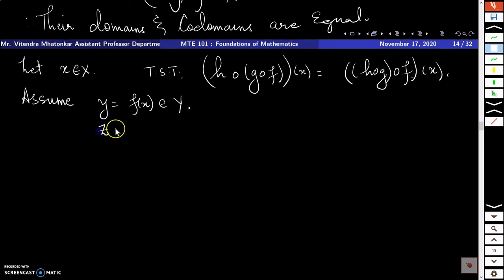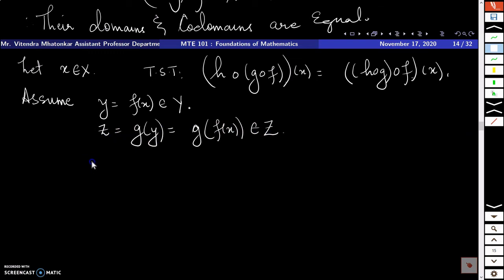So let small z be equal to g of y, but y is nothing but f of x, so that is actually g of f of x, and that's a point in Z, right? So small z is a point in Z, correct?